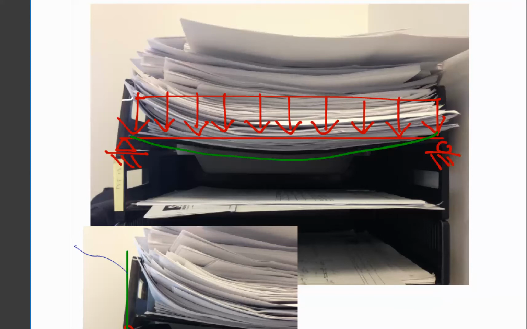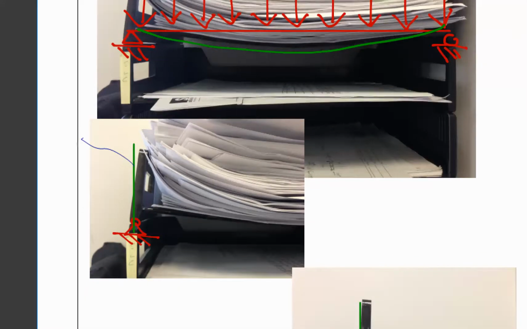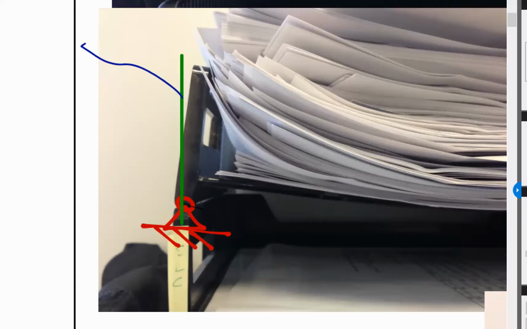So here, what I've drawn is a distributed load, and you can see that the load is uniform throughout the support from left to right. And you can also see right here that we say it's theoretically pin. What that means is, you could see that it rotates, right?